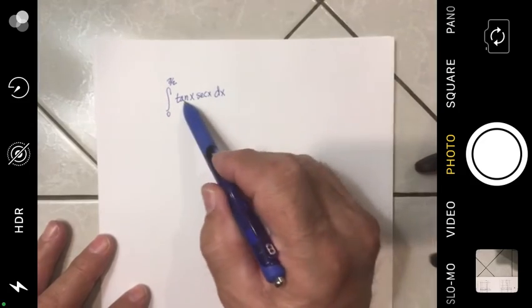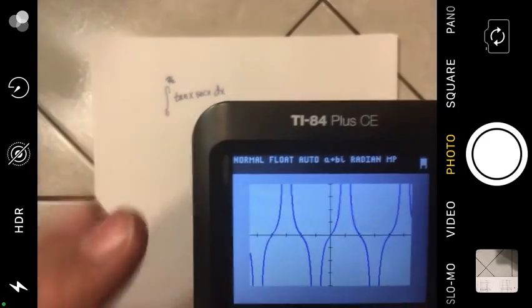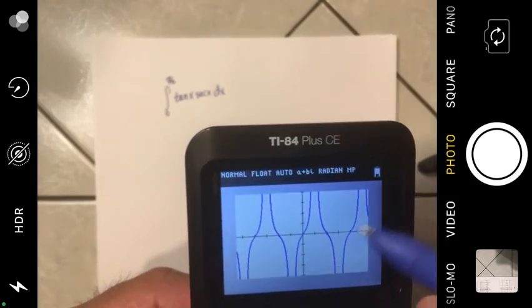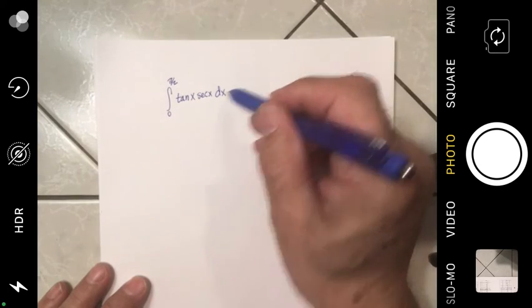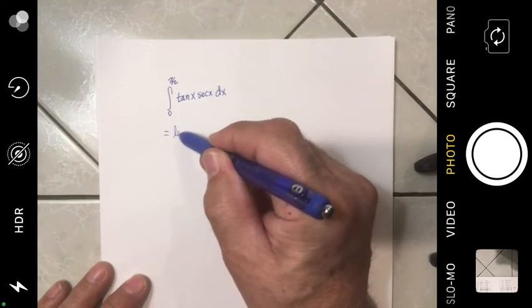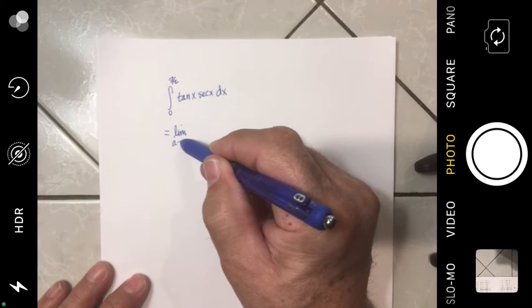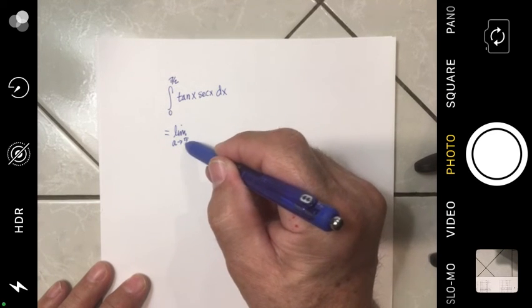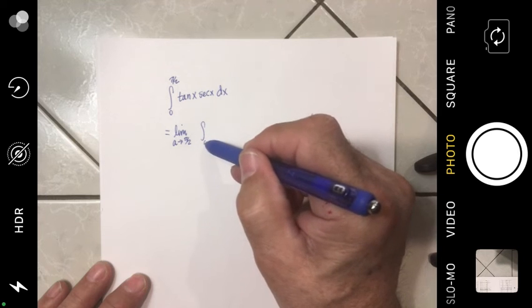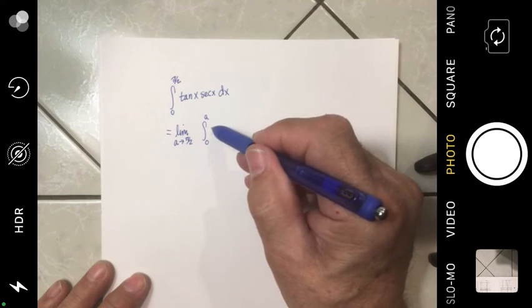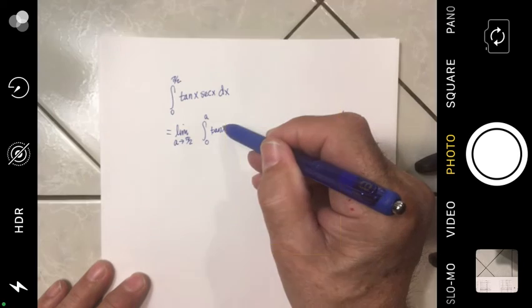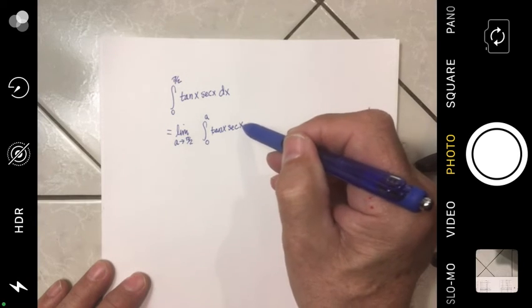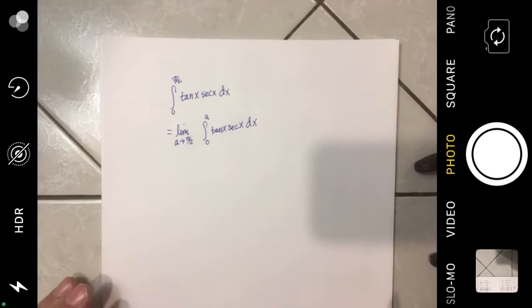So at pi over 2, it's going to infinity. So it looks like the problem is at pi over 2. So I would have to say limit as a approaches pi over 2 of the integral from 0 to a of tangent x secant x dx.